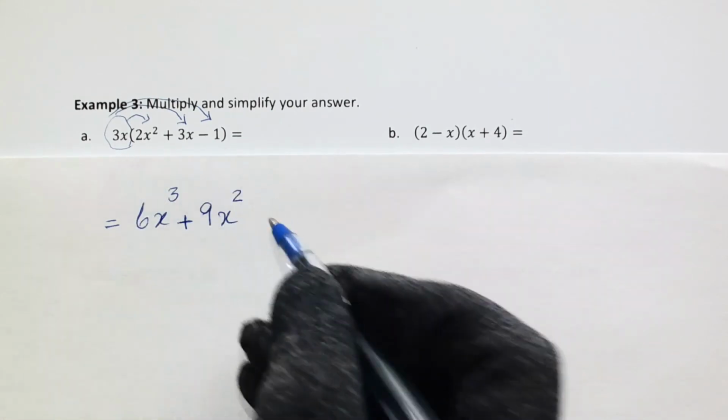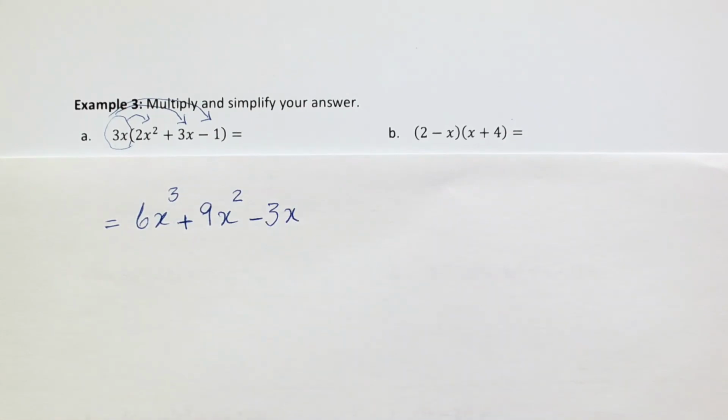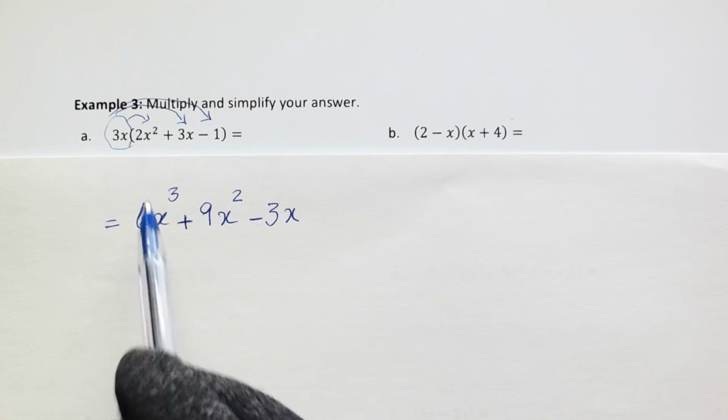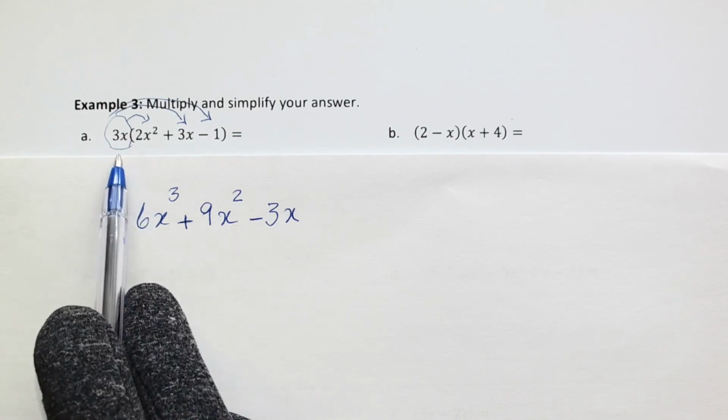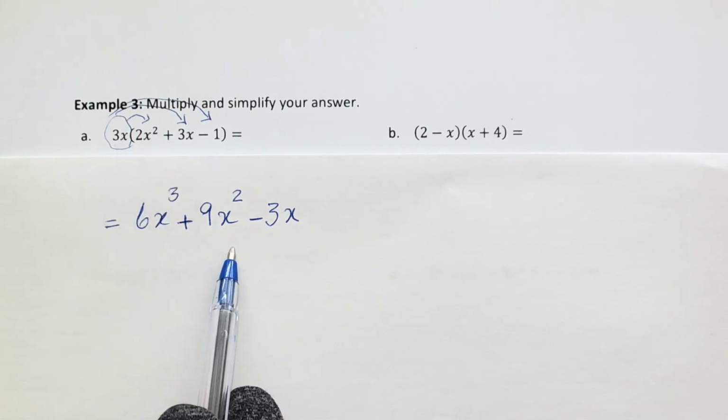And 3x times negative 1 is minus 3x. That's it. This is the final answer of this multiplication. You see, a polynomial times another polynomial, the answer is a polynomial.